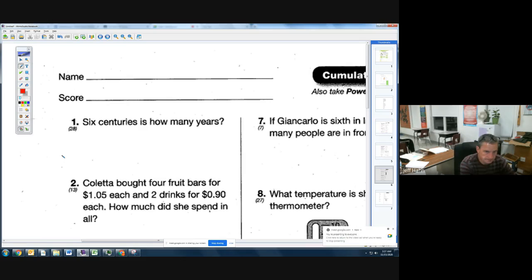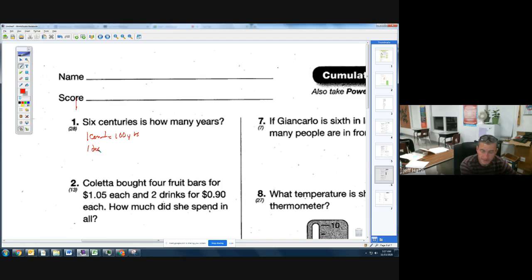Starting with number 1 there, it says 6th century is how many years? You should have written down, or you should know, these are pretty common things here. One century equals 100 years. A decade, boys and girls, is 10 years.